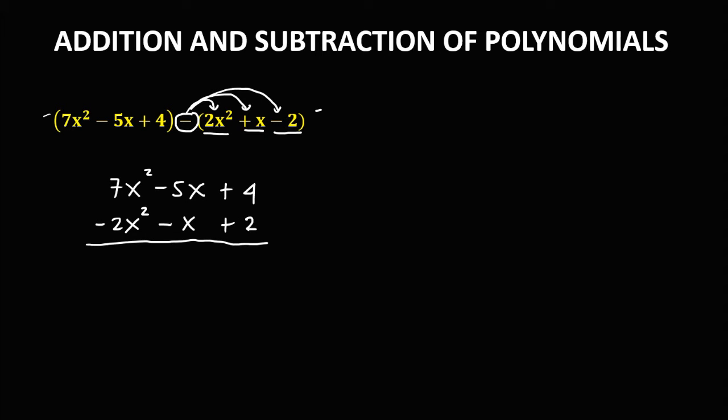Then simplify. So we have now 7 minus 2, that's 5, and just bring down this x to the power 2.